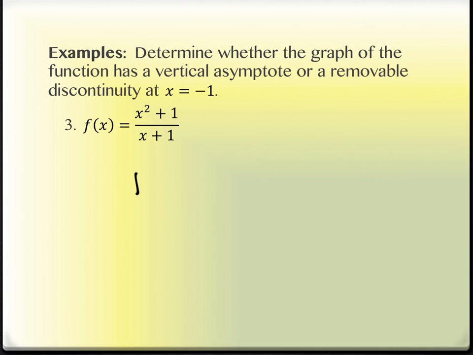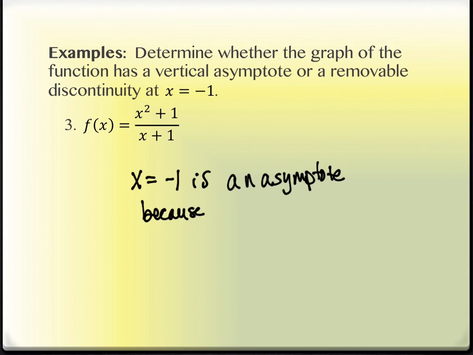So this means that x equals -1 is an asymptote because the x plus 1 on the bottom will not reduce, we'll use the word that you guys used, reduce, with any factor on top.